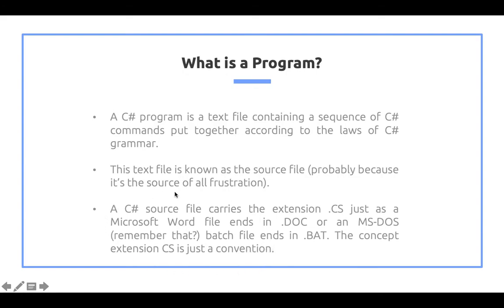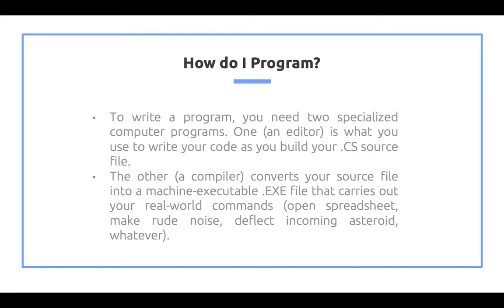So all source files in C# that are created use the file extension .cs. So just like other programming languages written in a text editor, the files that we create in C# are saved using the .cs file extension.